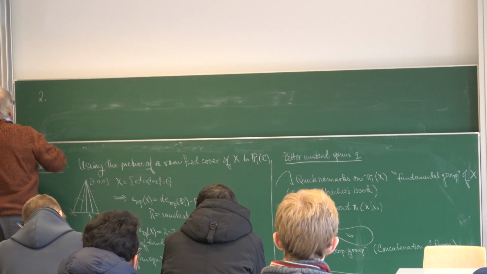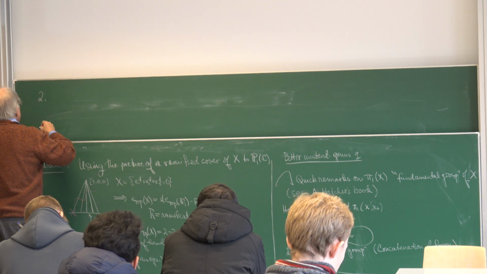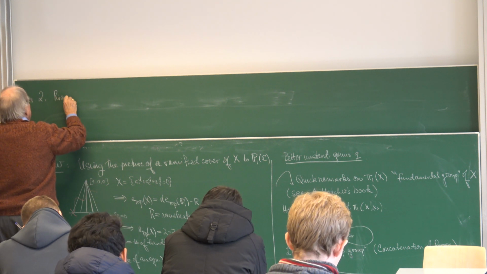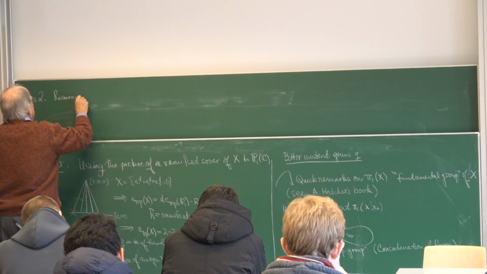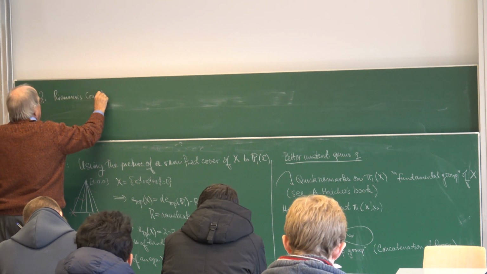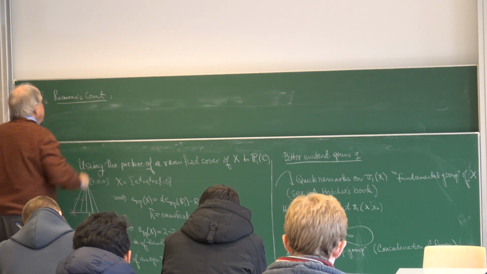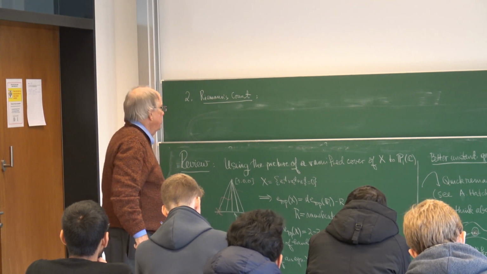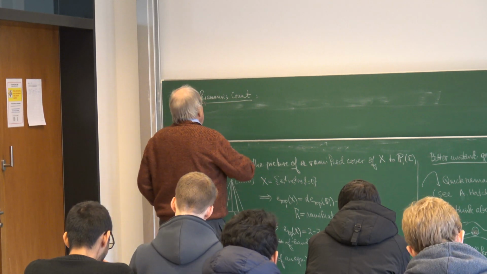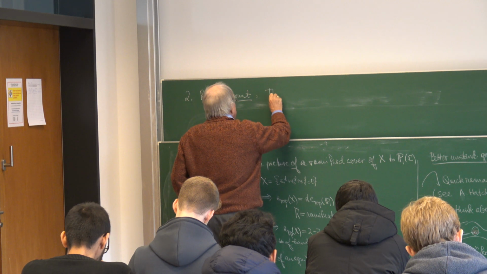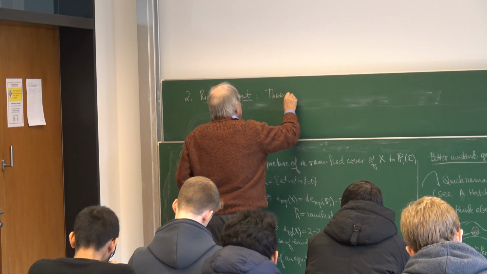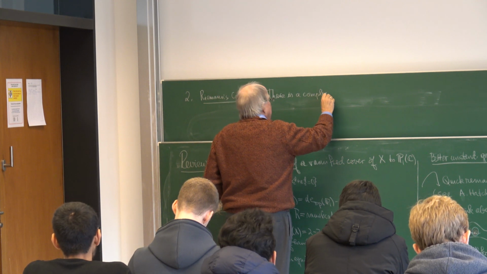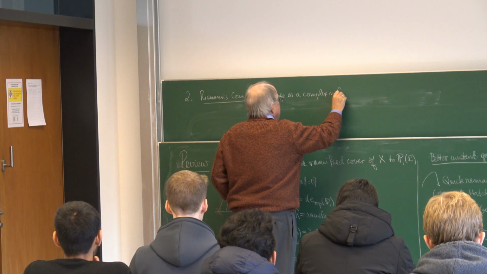And then the second thing that needs to be reviewed is Riemann's count. I formulate this in a rough way because I'm not sure what Riemann proved, and I will not make this precise: there is a complex manifold, or space, depending on how you look at it.